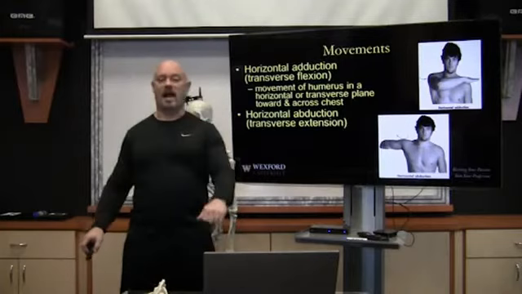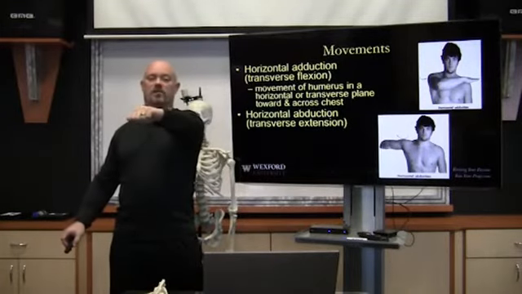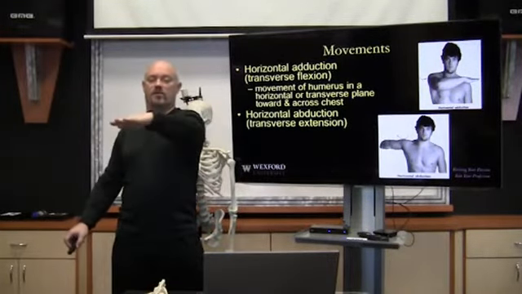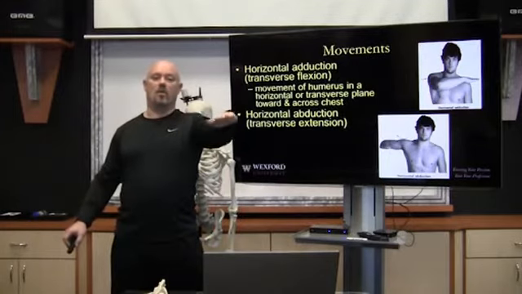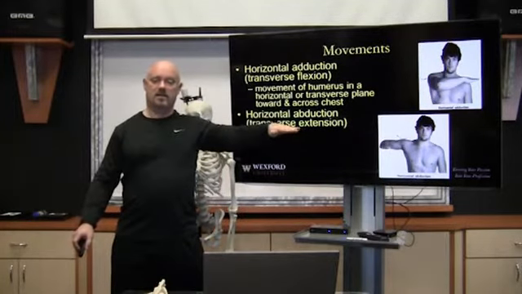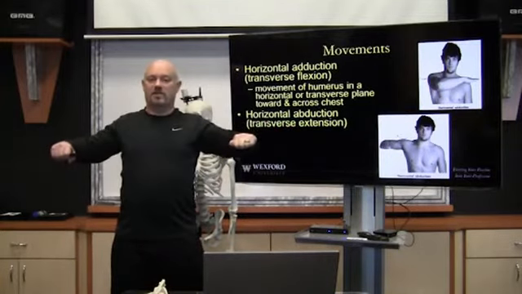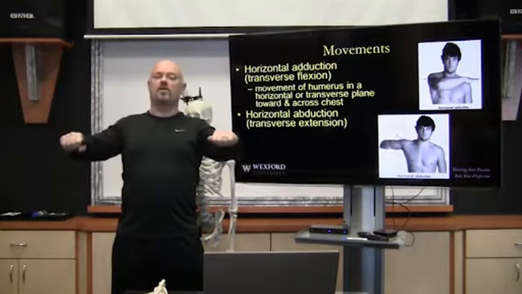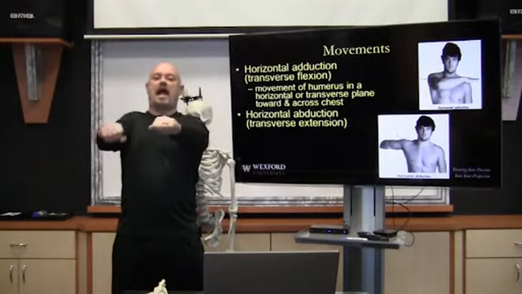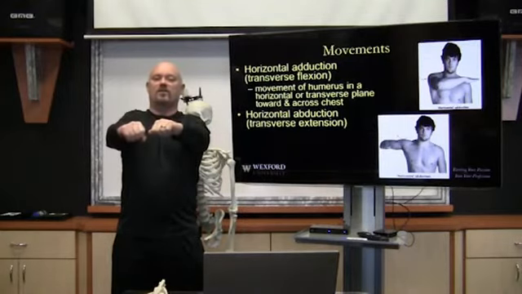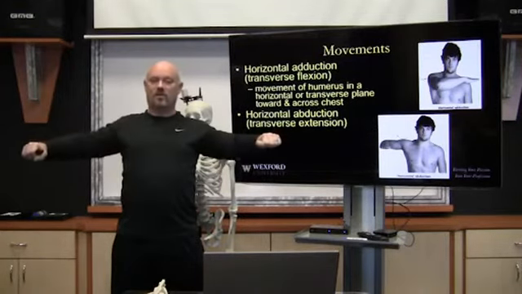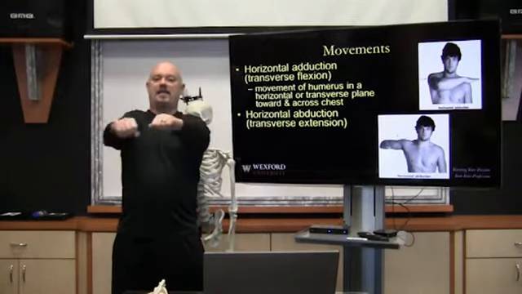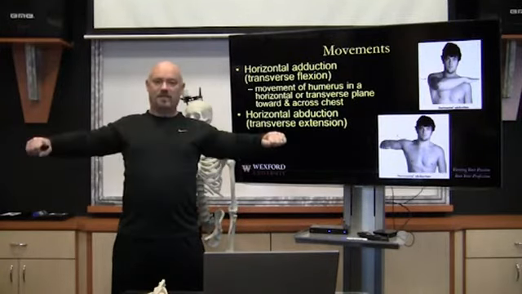Then we have horizontal abduction, in the transverse plane, moving the arm away from the body, away from the midline. If you look at rowing actions, that's horizontal abduction. Chest presses or flies would be horizontal adduction, or horizontal flexion, or transverse flexion.